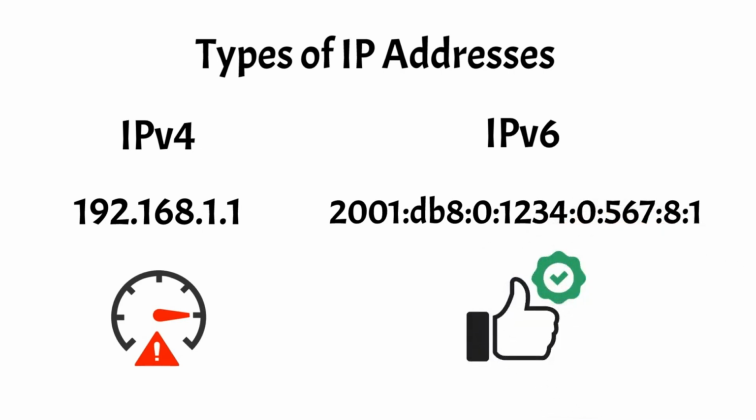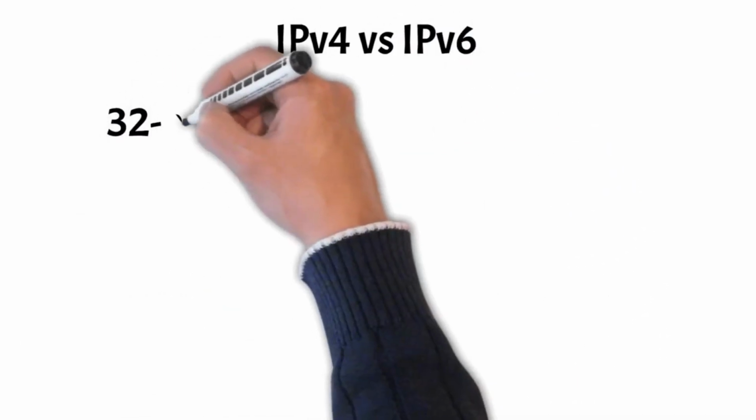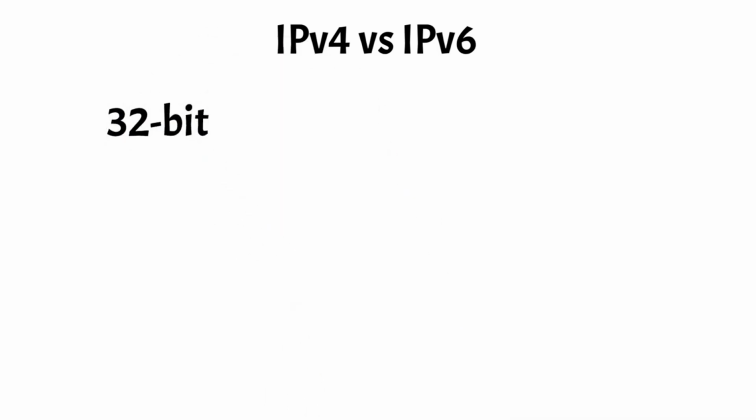Let's take a closer look at the differences between IPv4 and IPv6. IPv4 and IPv6 differ primarily in their address formats and capacity. IPv4 addresses are 32-bit numeric labels written in decimal format, allowing for about 4.3 billion unique addresses.